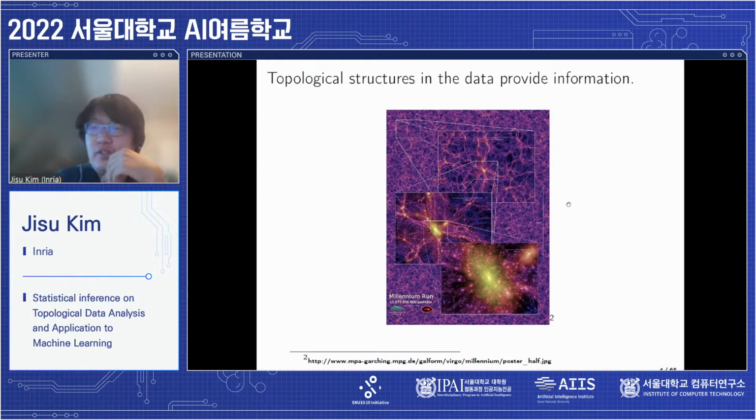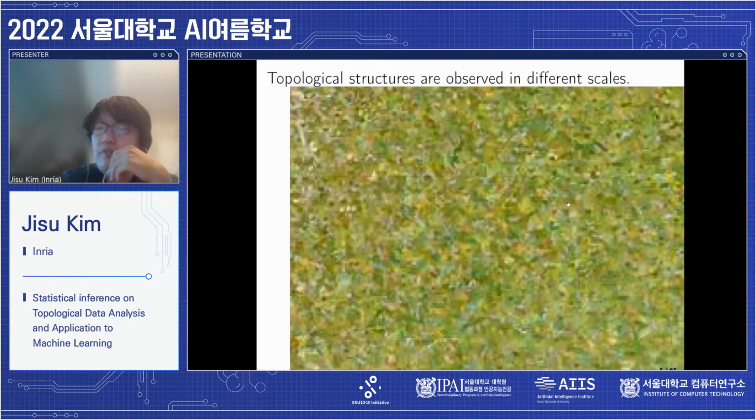So for making the quantitative version of the topological information, I will motivate with a piece of art. So this is a painting, and this is a very enlarged part of it. Imagine that you're standing right in front of the painting, then you will see this kind of points.